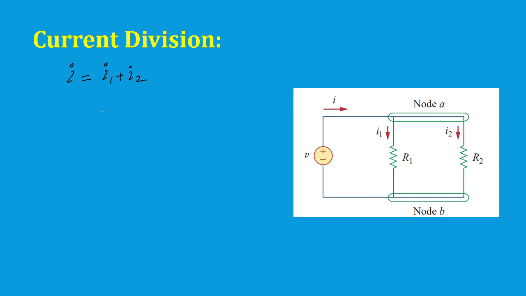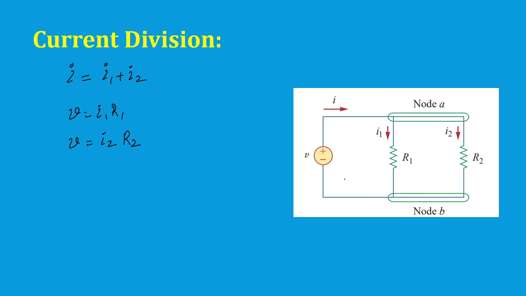Interestingly, we know that the voltage drop across the resistors R1 and R2 must be equal to V volts, because this V volts and R1 are in series. So V is equal to I1 R1, and the same V is equal to I2 R2. Why, sir? Because this is also in series.